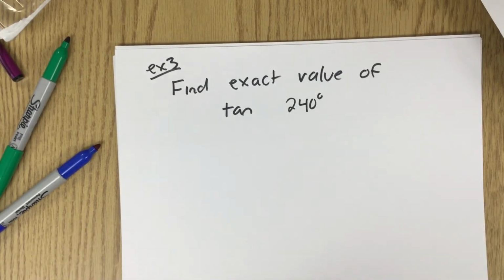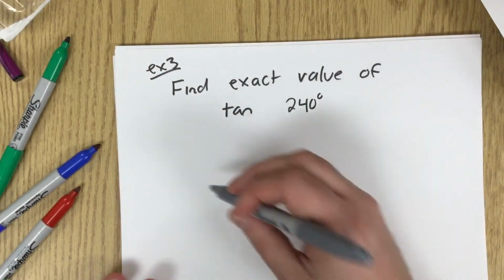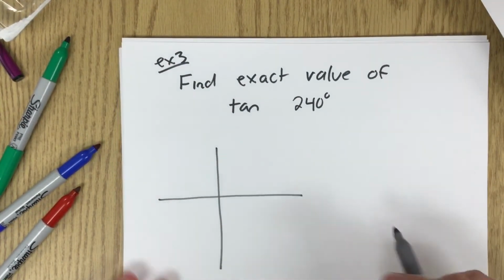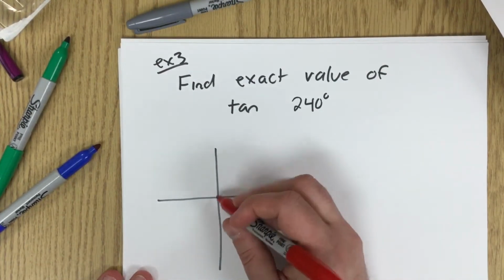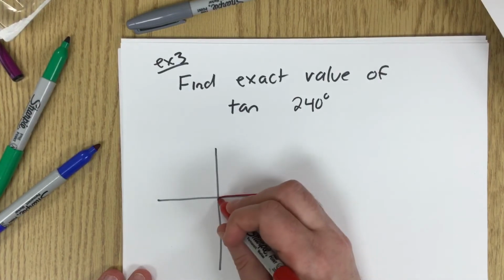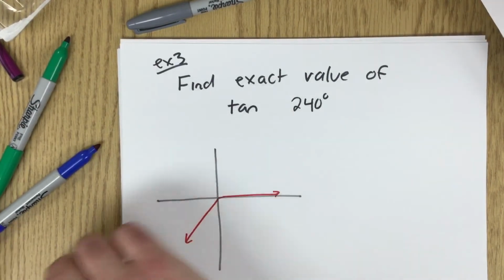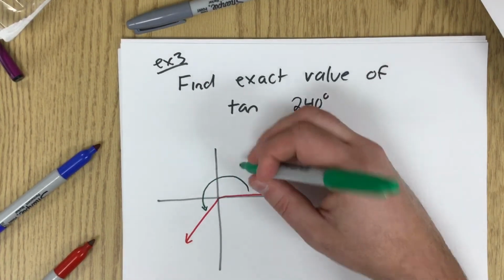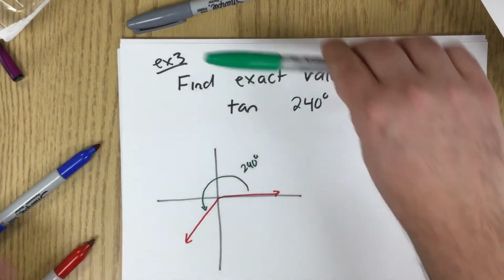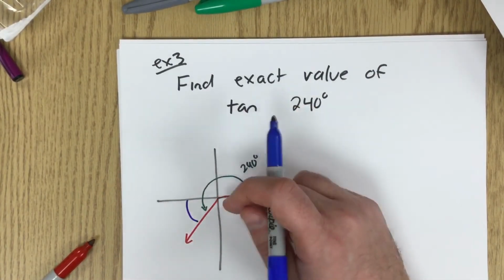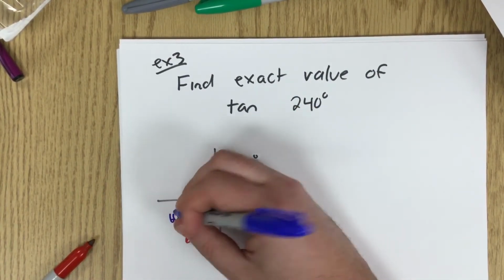Find the exact value of the tangent of 240. So 240 is in the third quadrant. That's 240. If you work it out, 240 minus 180 is going to be 60 degrees.